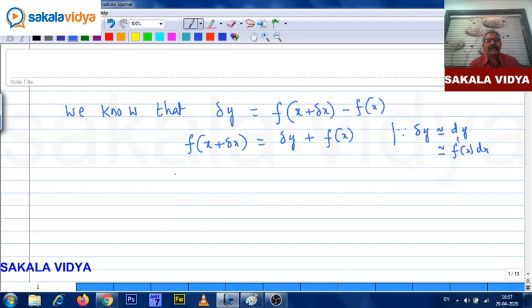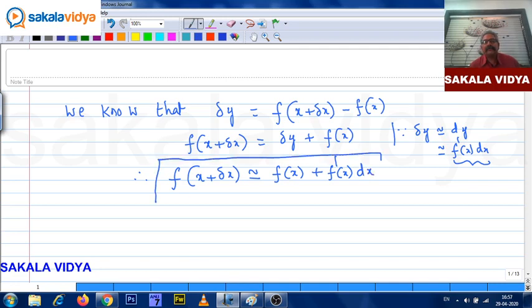So replacing, f of x plus delta x is approximately equal to f of x plus f dash x into delta x. This is the formula to find approximate values. It is very, very important.